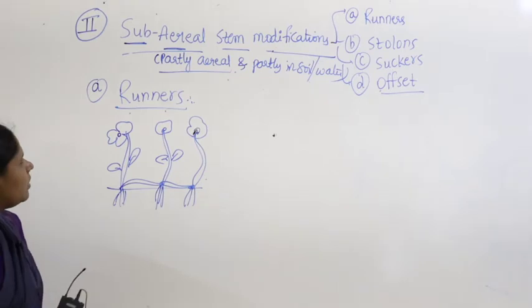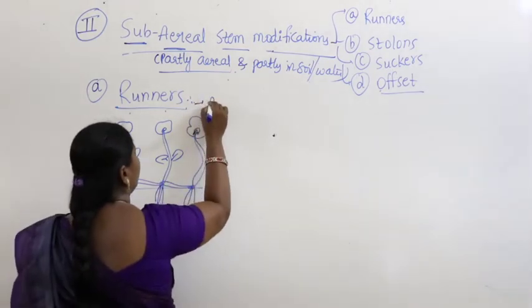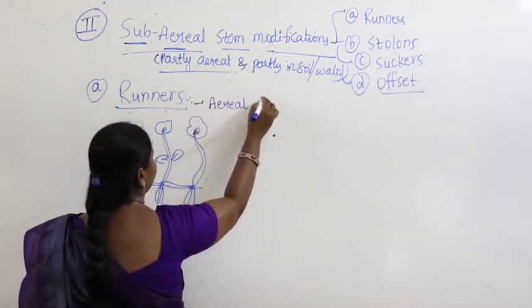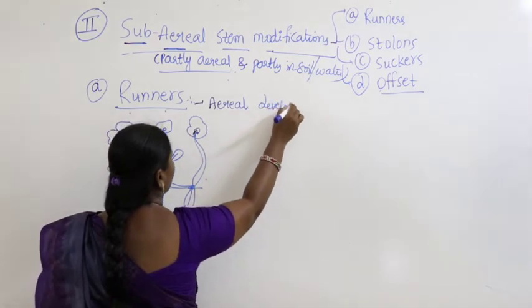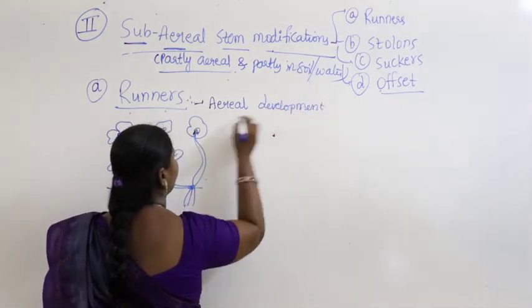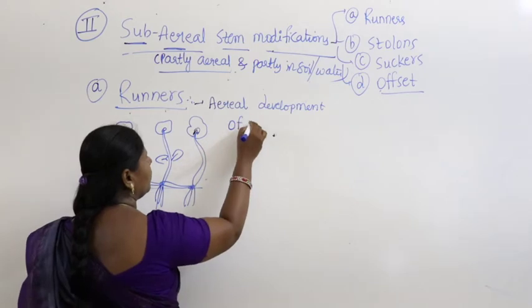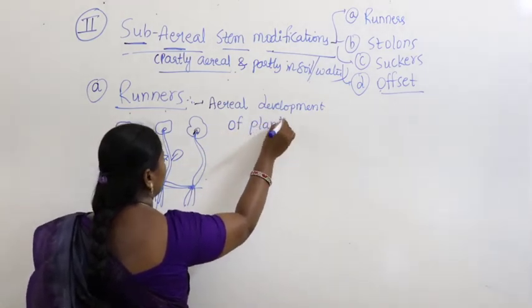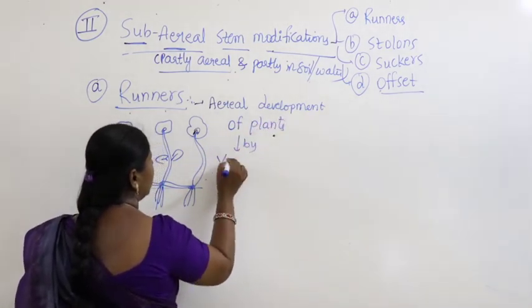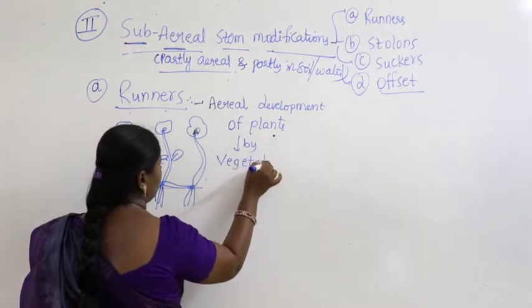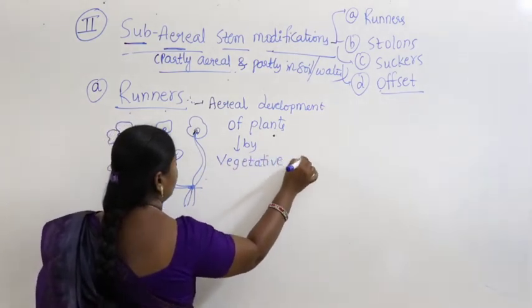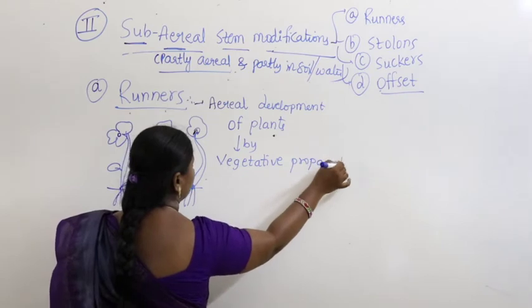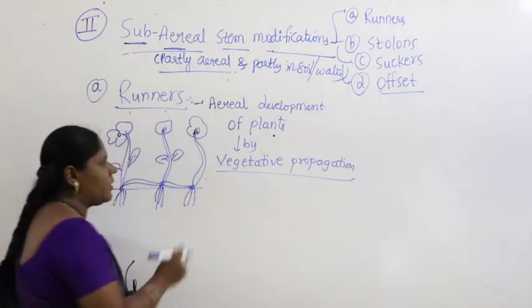So, here what we can say, aerial development of plants by vegetative propagation. What's the meaning of vegetative propagation?